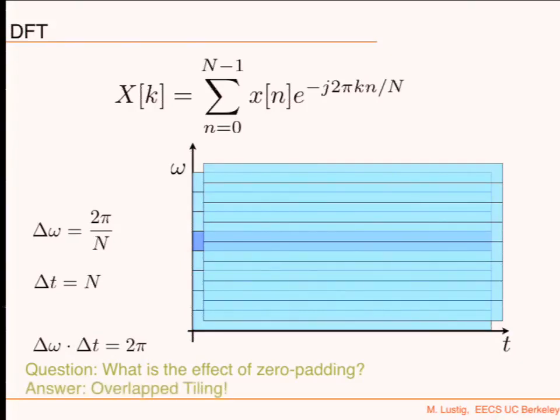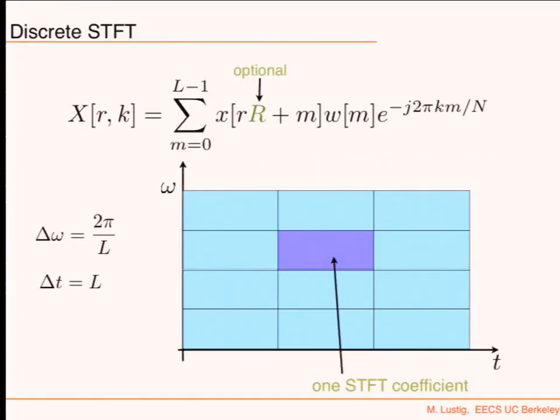Okay, then we went into talking about what happens in the time-dependent Fourier transform, the discrete short-time Fourier transform. In that case, we now break the time-frequency space into blocks, as opposed to just these rectangles. We break it into different blocks.